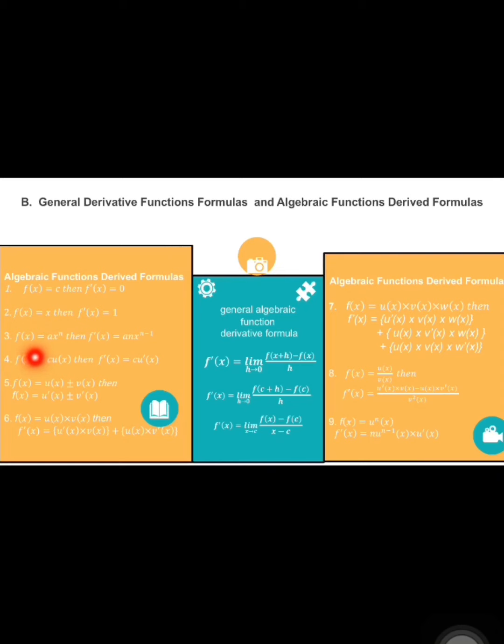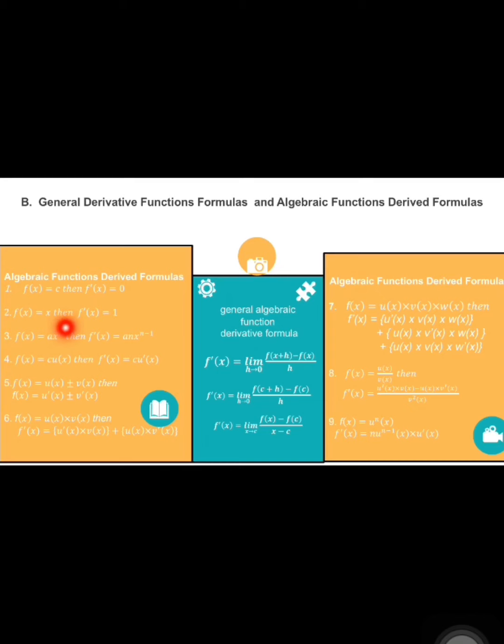3. If f of x equal a times x to the power n, then derivative is f prime x equal a times n times x to the power n minus 1. Actually, point number 3 is the same as the concept number 2. X here is rank 1, because it is lowered by 1, x to the power 1 minus 1 becomes x to the power 0.